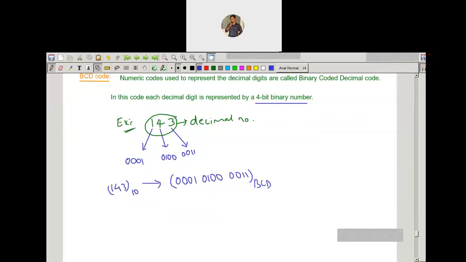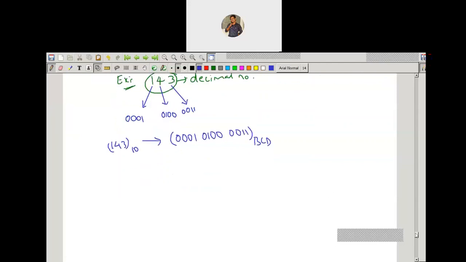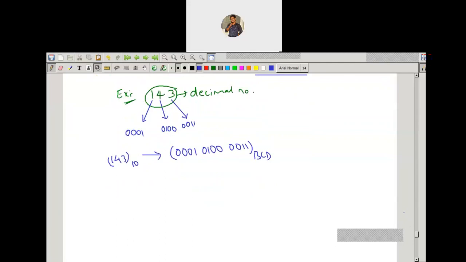So that is the story of the BCD code. Now tell me, by using a 4-bit number, how many possibilities can we have?